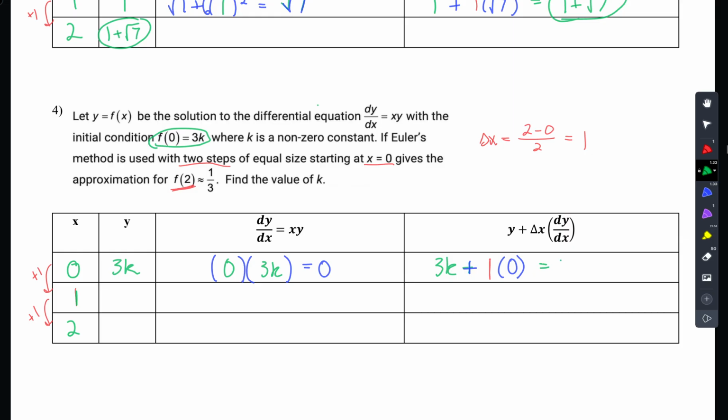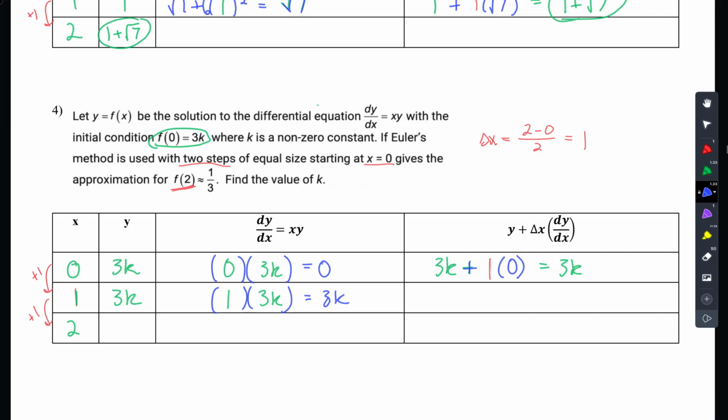So my new Y isn't really new, it's just 3K. No change that year. Maybe we'll get a 0 again. Let's put in my X, my Y, and we get 3K. Yeah, we're fine.